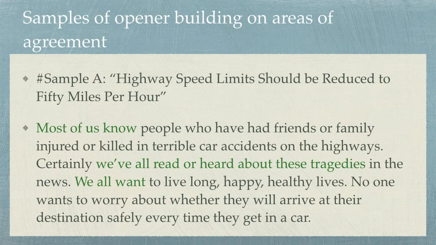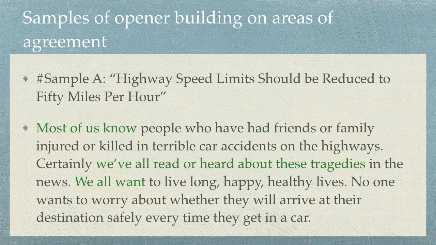Okay. Right here, sample A. The topic is that highway speed limits should be reduced to 50 miles per hour. Okay, let's see the opener building on areas of agreement here. Most of us know people who have had friends or family injured or killed in terrible car accidents on the highways.